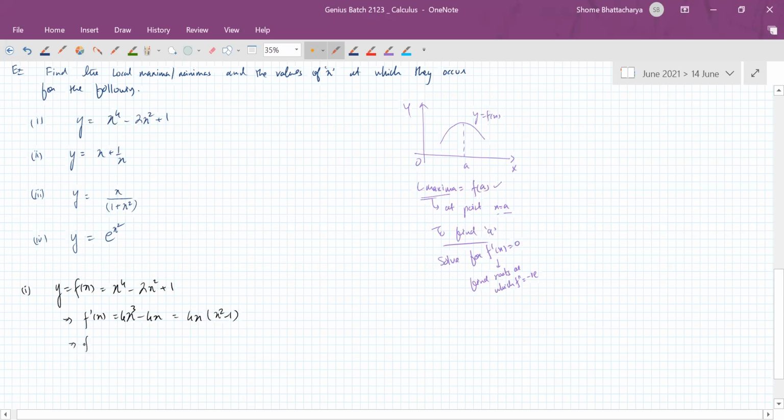And the second derivative will be differentiation of this, so that will be this much, right? So now we can see that f prime x is equal to 0 for three points.